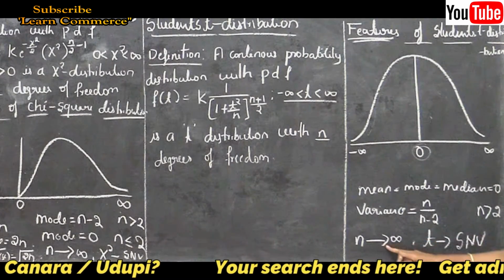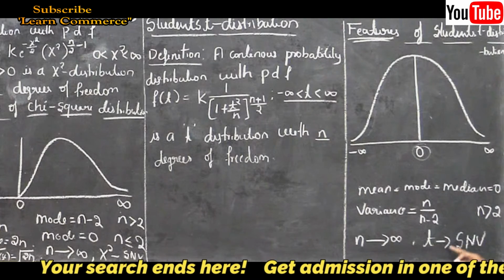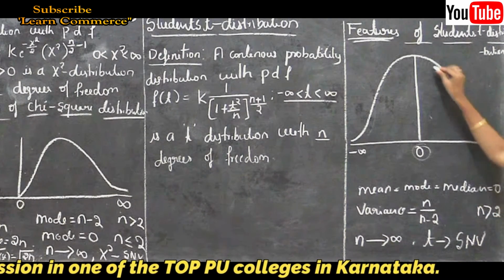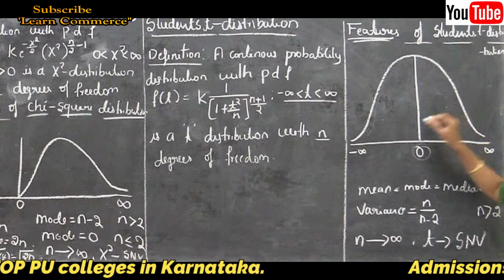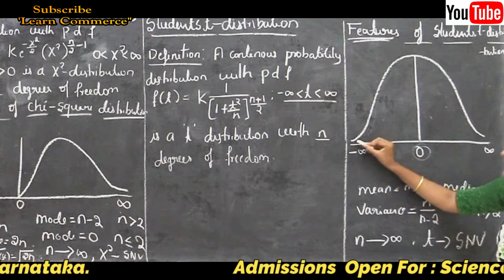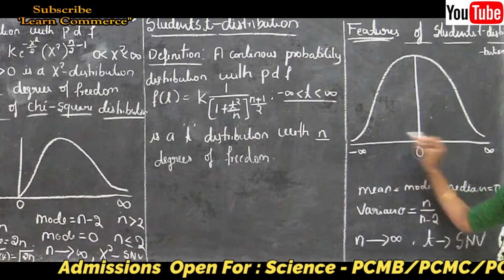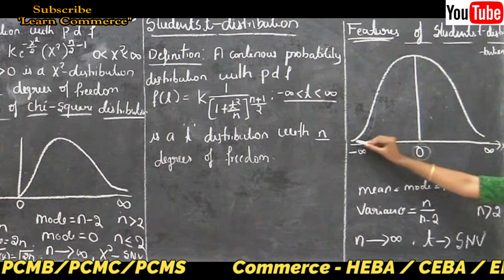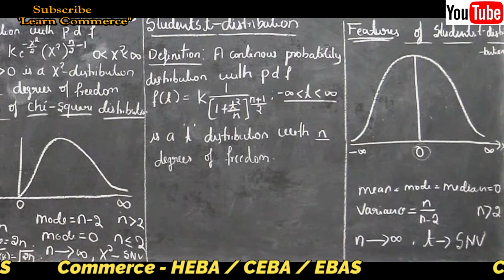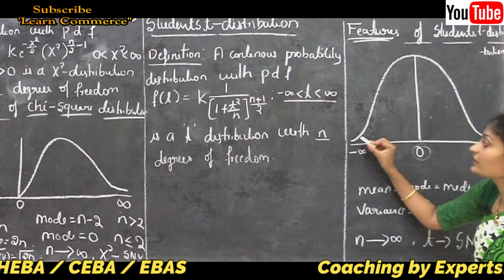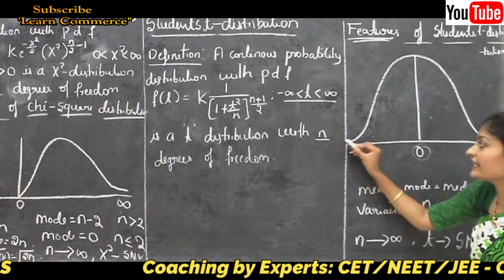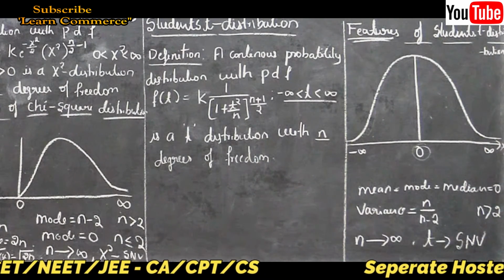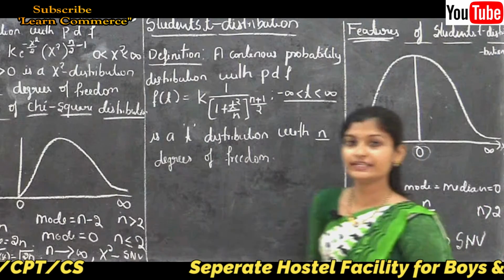The total area under the curve is equal to 1 and the curve is asymptotic to the x axis. It means the curve approaches nearer and nearer to the x axis, but it never touches the x axis. Okay, this is all about student t distribution.